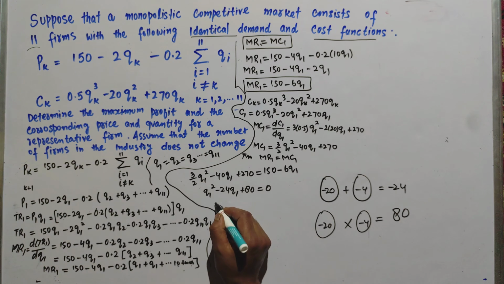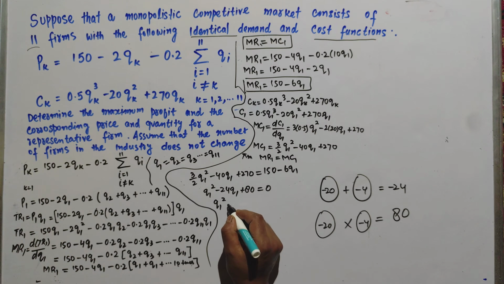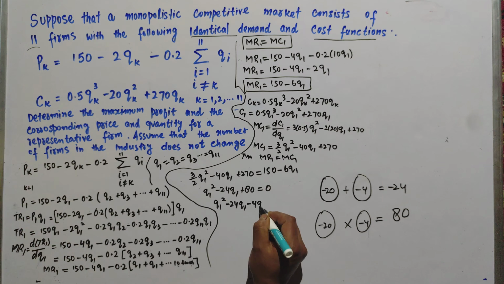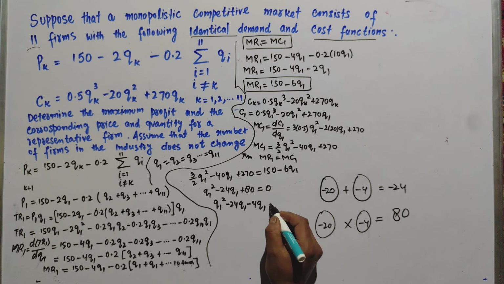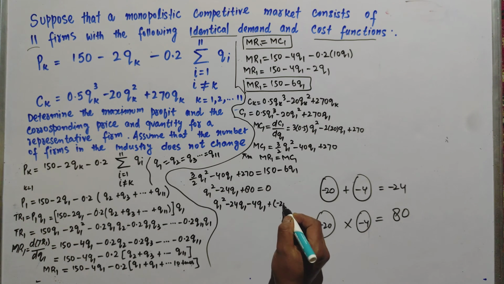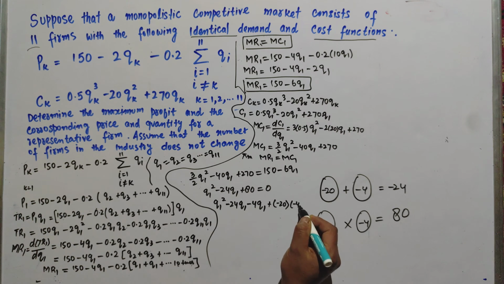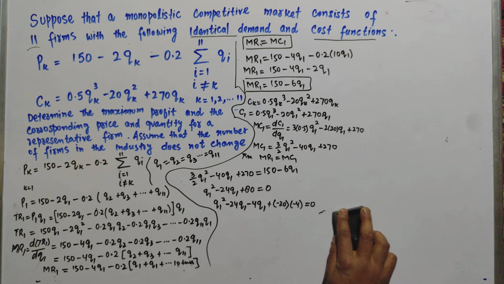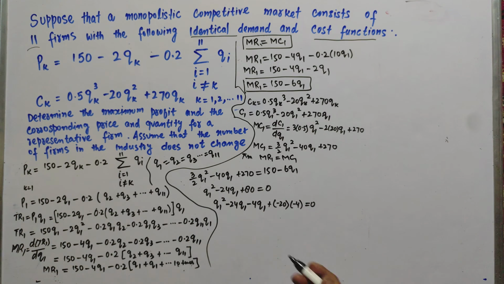So can I write it like this: q1 square minus 20 q1 minus 4 q1 plus 80, where 80 is the product of minus 20 and minus 4, equal to 0. Then we factor out the terms. Okay, so let me factor this out. I will drop this stuff here because I don't have the luxury of having more space.